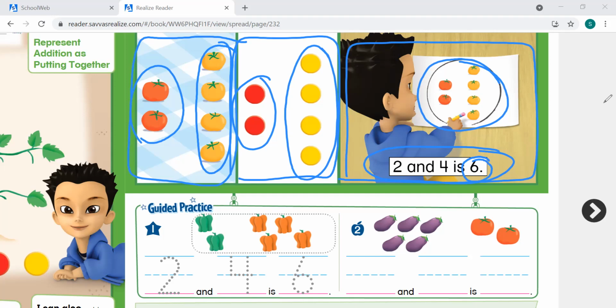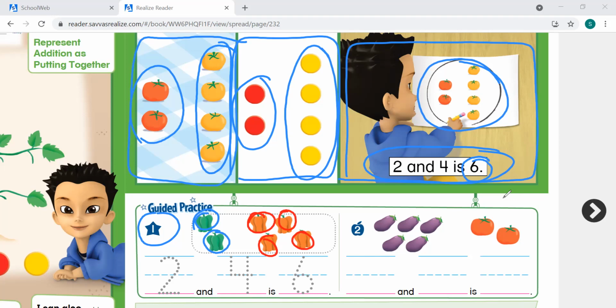Let's look down here at our guided practice. We're going to use counters. I'm going to be drawing them. And we are going to look at these groups. We have 2 green bell peppers. We have another group of bell peppers. We have 4 over here. 1, 2, 3, and 4.